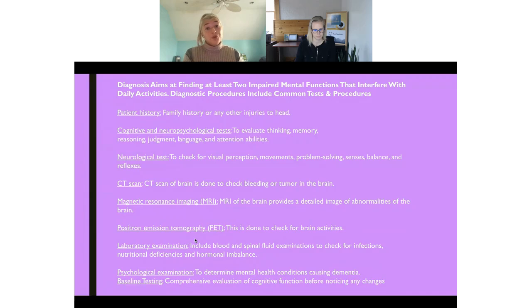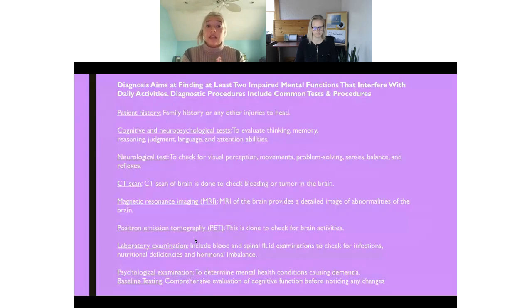So if 2 of these are impaired, that is something to monitor, as we do this every day. Procedures include common tests as follows. So patient history, family history, or any other injuries to the head, as I briefed upon before. Or again, patient history. If my grandmother has Alzheimer's or dementia, that's something that I might want to monitor. That's something my mom might want to monitor.